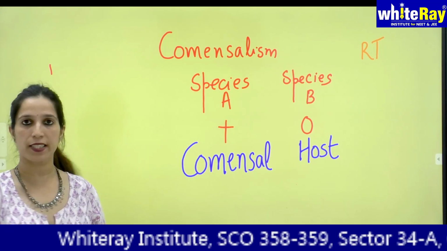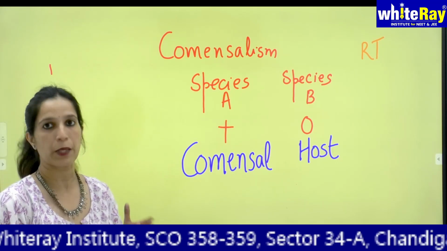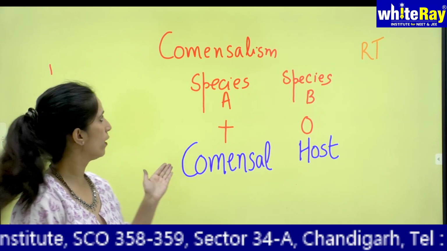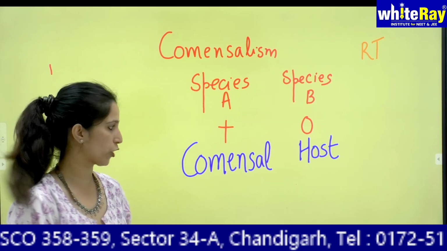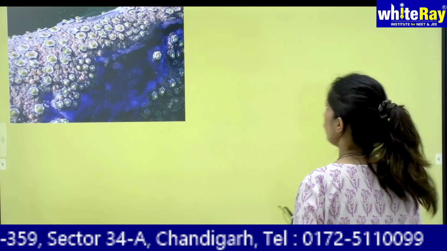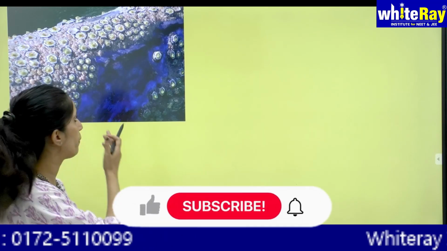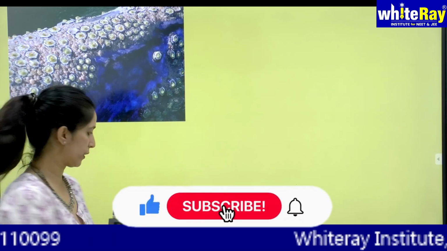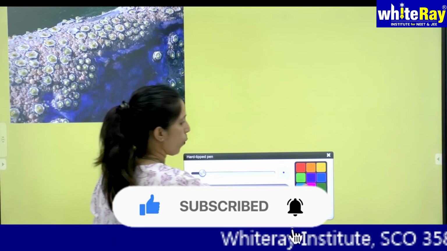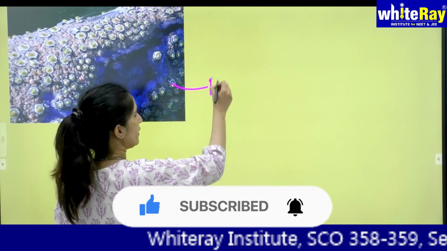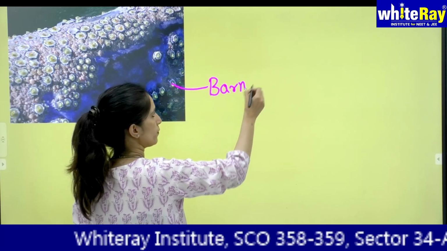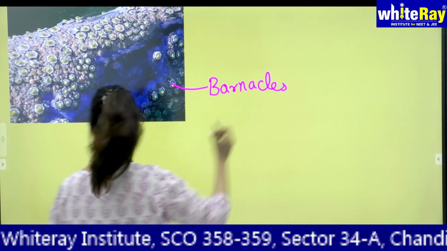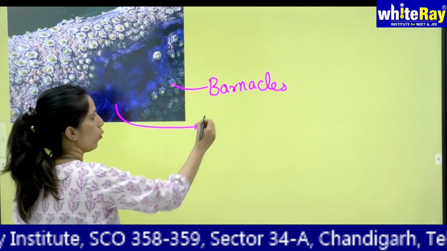Now to understand this interaction, we'll see a number of examples in the nature which will show us this type of interaction. So first I'm going to show you barnacles growing on the whale. Whale की बैक पे बहुत सारे क्रस्टेशियंस जिनको हम barnacles कहते हैं वो ग्रो करते हैं. So this is where you see barnacles on the whale.